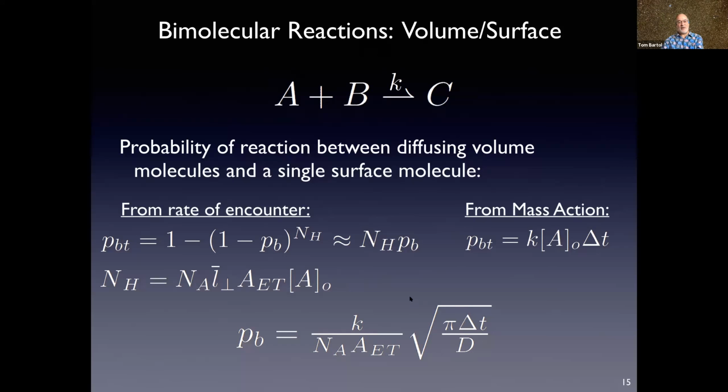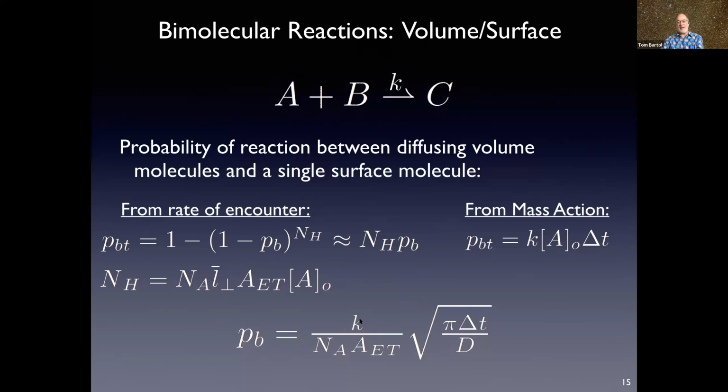Collisions are going to happen more often, so the probability should be less. Because we have more collisions, the probability per collision should be less to get the value of K that I've asked for in my simulation.